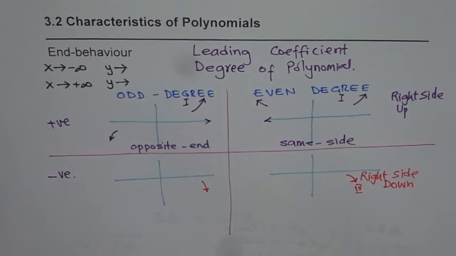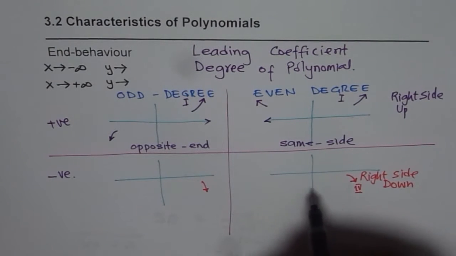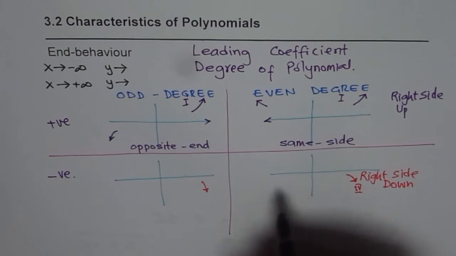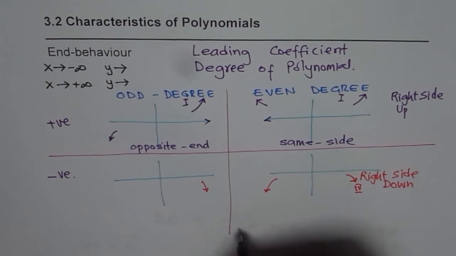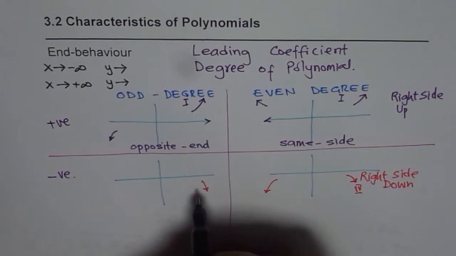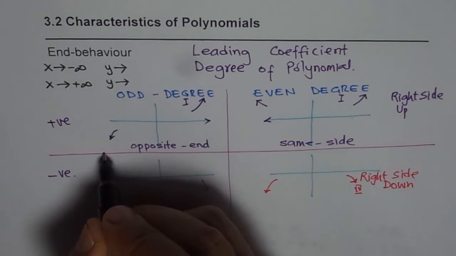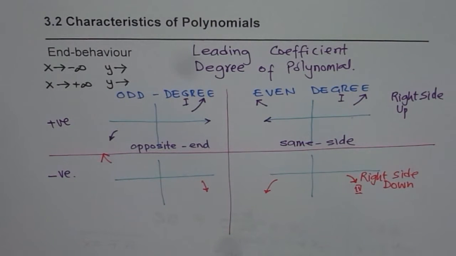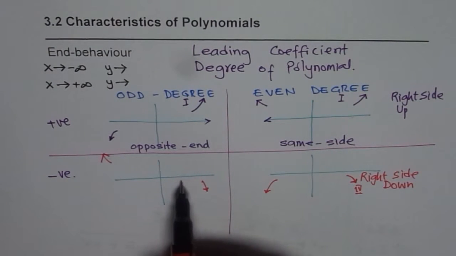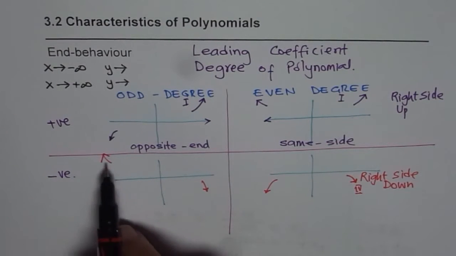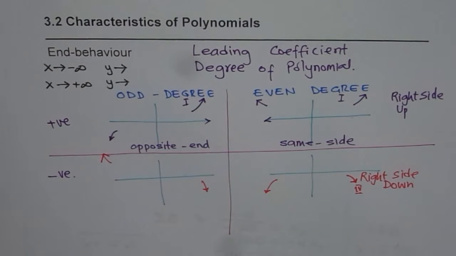Do you understand? For both, whether it is even degree or odd degree, it ends in quadrant 4. Okay? But if it is even degree, then both sides are same, so both down. Do you see that? But for odd degree, it will be opposite ends. Do you get the point? In between, it depends on the equation of the polynomial, but that is the end behavior.